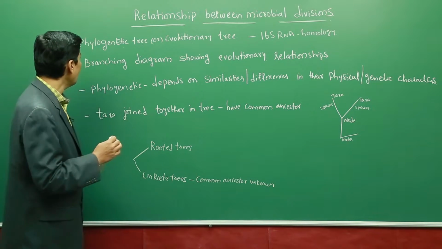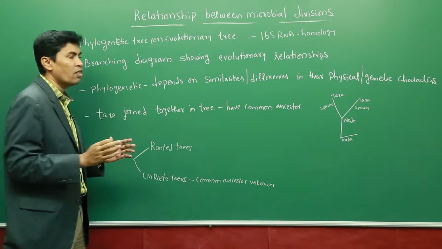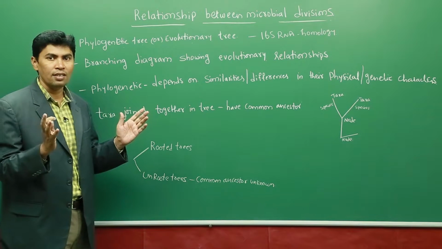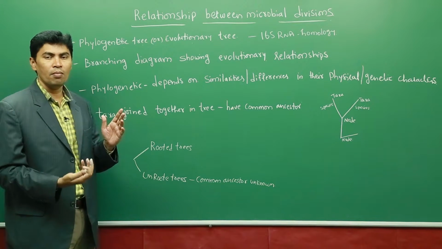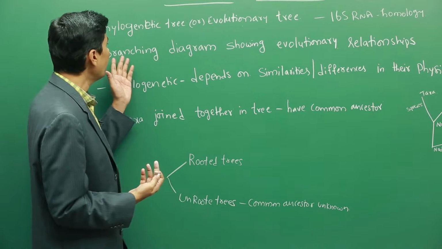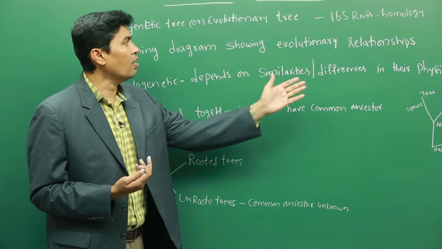constructed. Now here you can see the phylogenetic tree is nothing but a branching diagram. It is in the form of branches, just like a tree contains various branches starting from the same stem or root. This diagram also contains various branches. It is a branching diagram showing the evolutionary relationship.